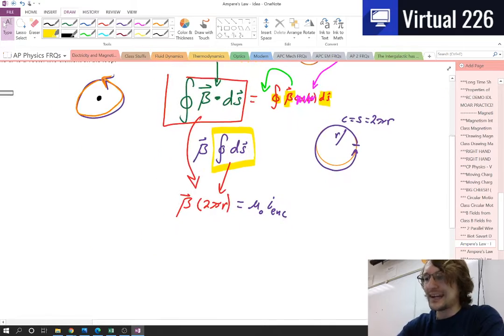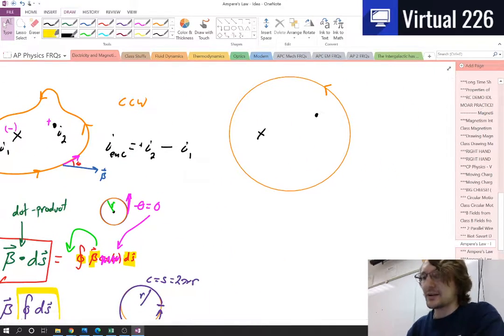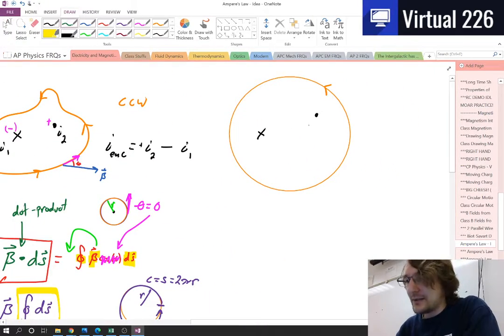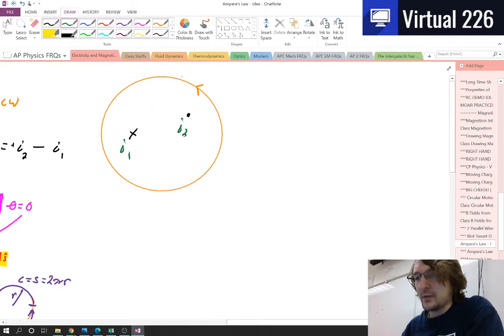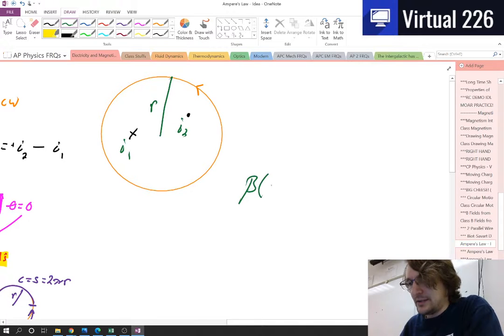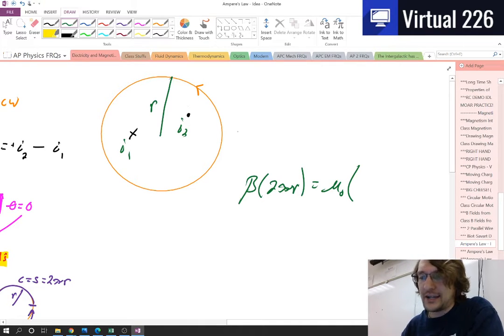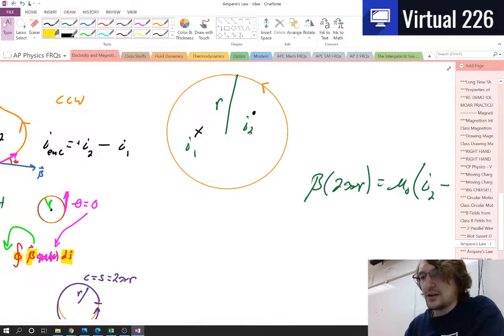So if we went back and we take a look at what we had up here, where we had some I2 and I1, well, if I wanted what the B field at some radial distance was, I would just be able to say that B times 2 pi r equals mu naught, and then the current enclosed, which in this case, I2 is positive, I1 is negative, so when I add them together, I2 minus I1, just like we did originally.